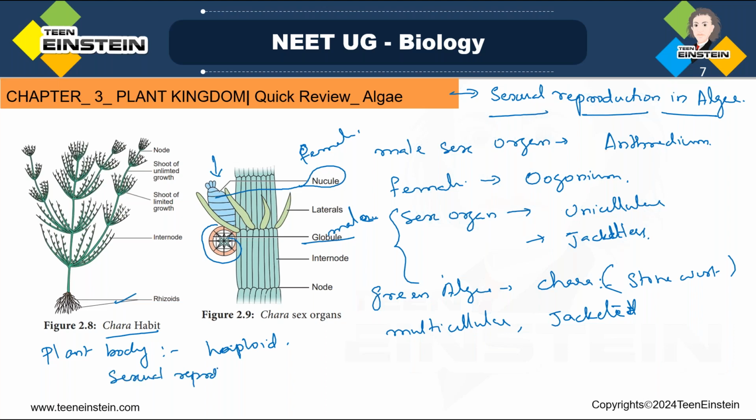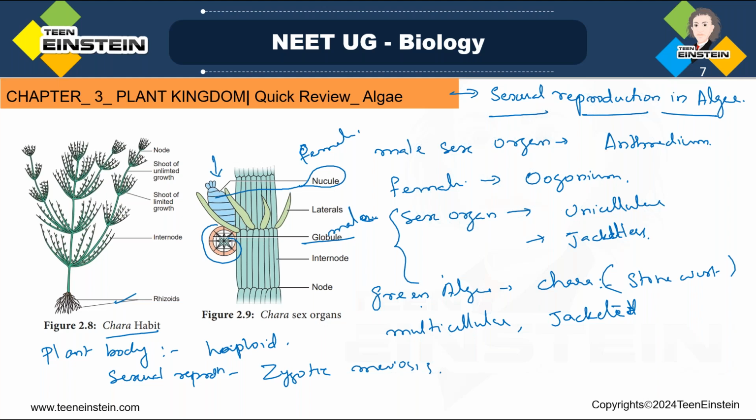Here their life cycle is haplontic. Generally in algae the life cycle is haplontic, but in brown algae it is diploid.